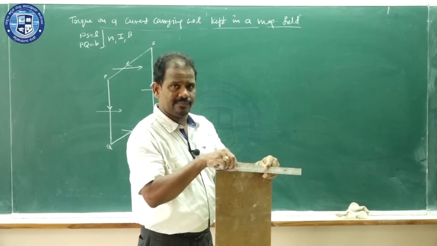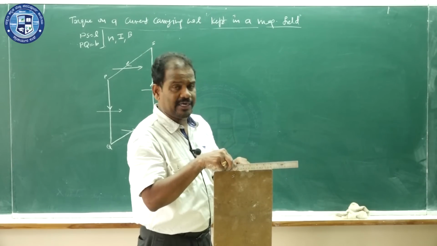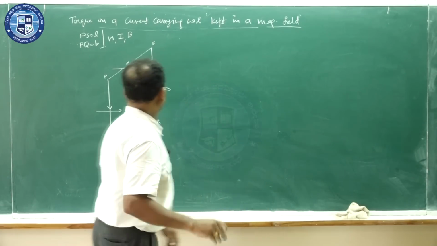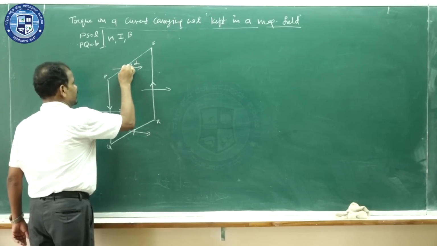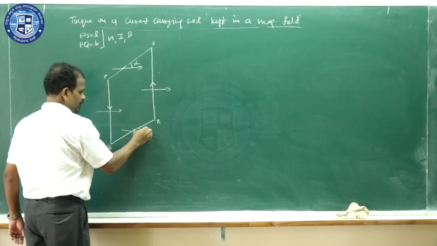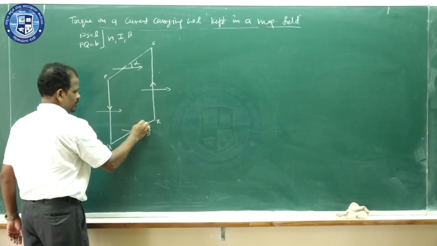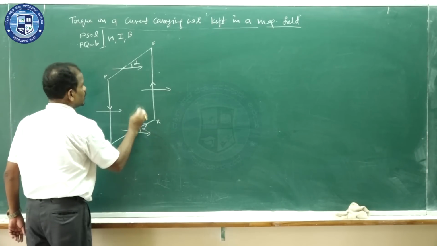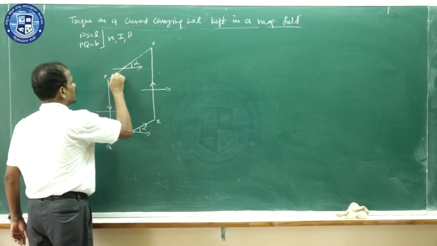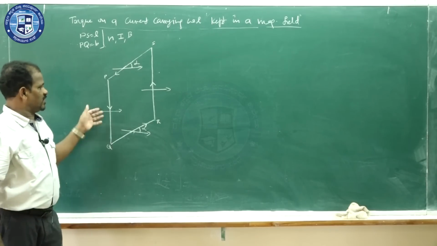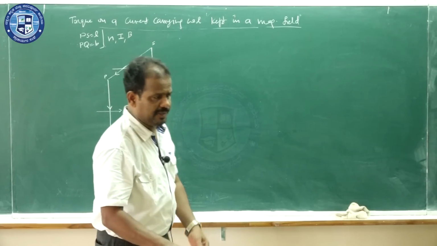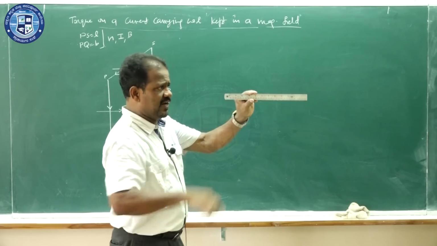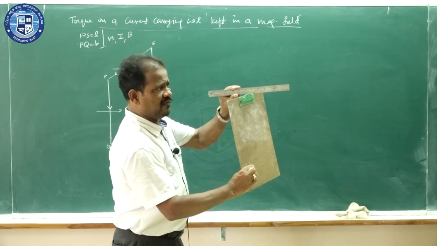This angle, let it be alpha. I can show it here, and here also. This is the place you can't represent. Is it right? So the angle between the magnetic field and the coil is alpha.